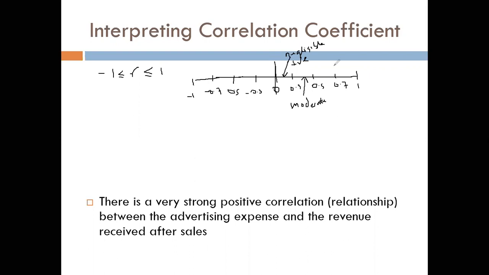Then in between these two values, we're talking about a strong positive correlation. And then over here, we're talking about a very strong positive correlation. And then when we have 1, we have a perfect positive correlation.